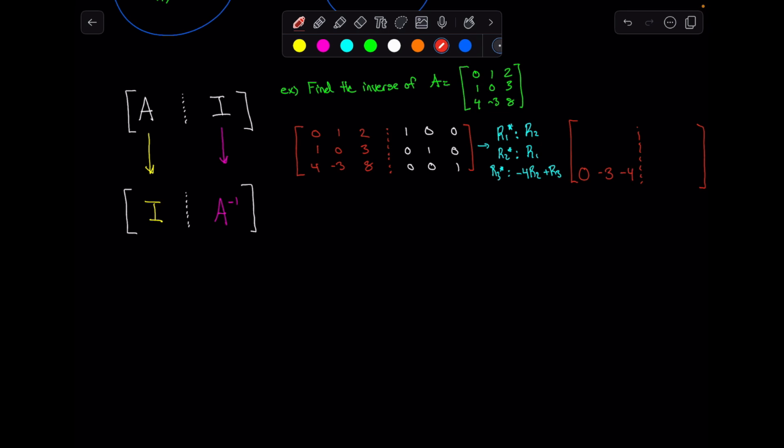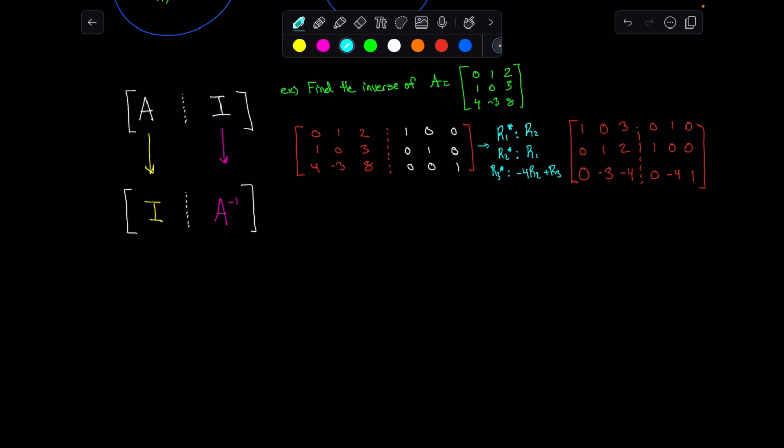Now, what do I get on the other side? Well, I still get a 0 here, but now -4 times 1 over here and adding to row 3 is going to give me -4, and then I have a 1 here. That's the third row, and all I did for the other ones is swap. So 1, 0, 3, 0, 1, 0, and then 0, 1, 2, 1, 0, 0. That got me that matrix.